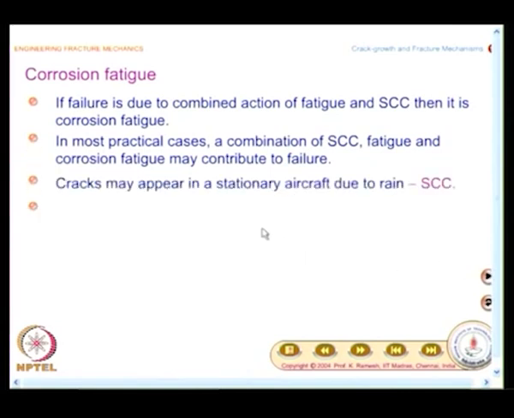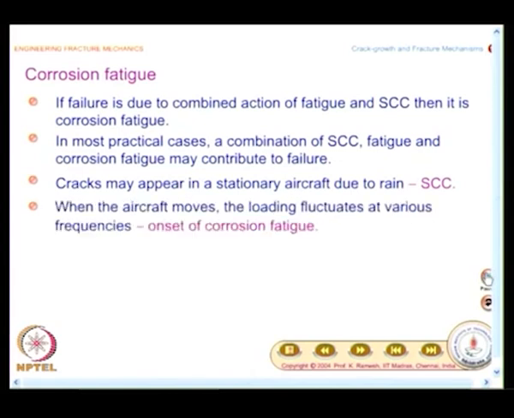So, take the case of a aircraft. Cracks may appear in a stationary aircraft due to rain, and here the crack grows because of stress corrosion cracking. Then what happens?